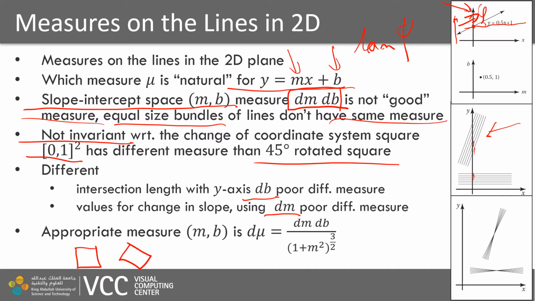So, for example, a good measure derived from dBdm can be a measure where d mu is equal to this term, where we have a scaling by m in the denominator of this whole term. And dBdm is not the only characterization or measure which we can define over a set of lines in 2 dimensions. We can have different ones.